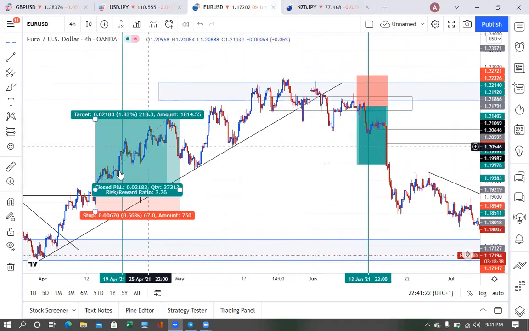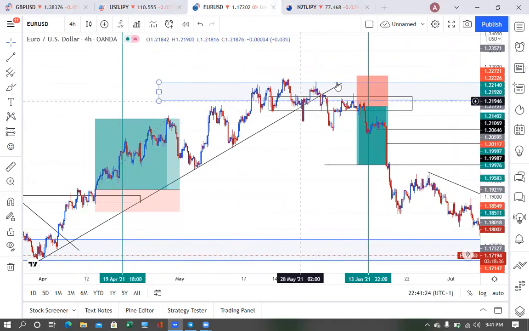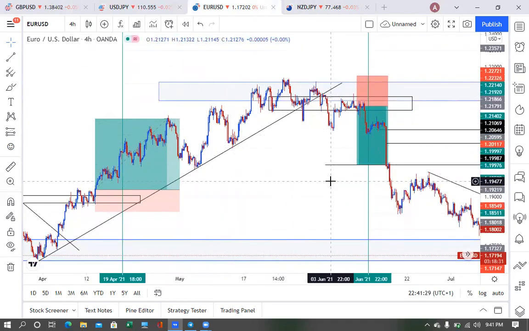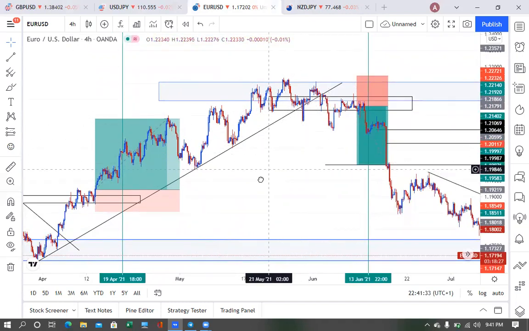So our market condition here is an uptrend market, and we are looking for ways to short, to sell. And this was what we have gotten.